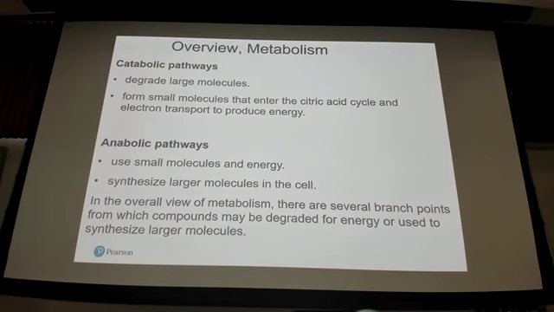So we've talked about both catabolic and anabolic pathways in this block. Catabolic, breaking down, is used to produce energy. Anabolic, building up, often requires energy to build up and store molecules.